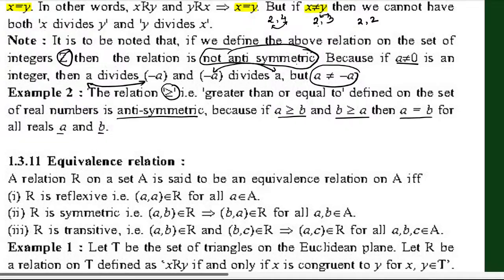Okay, so now equivalence relation. What is an equivalence relation?